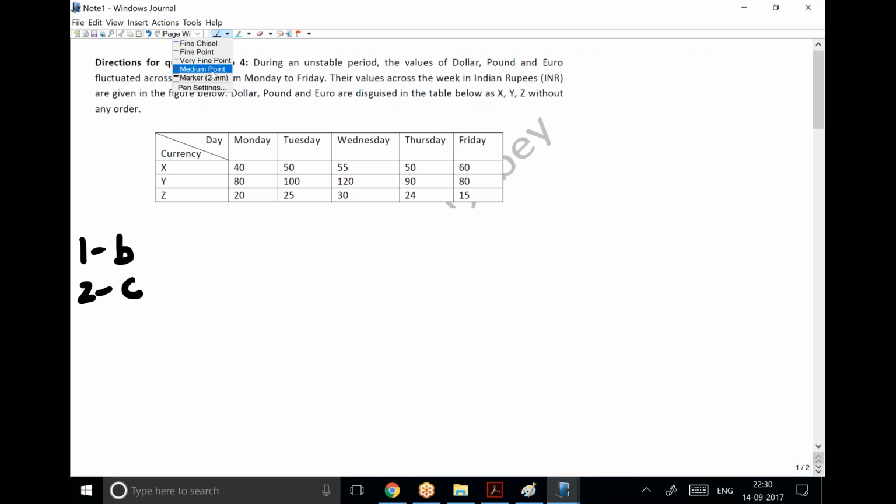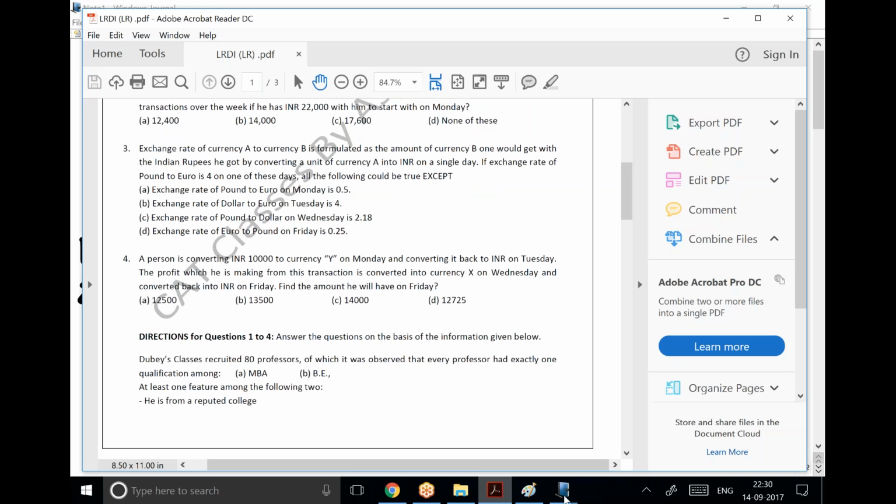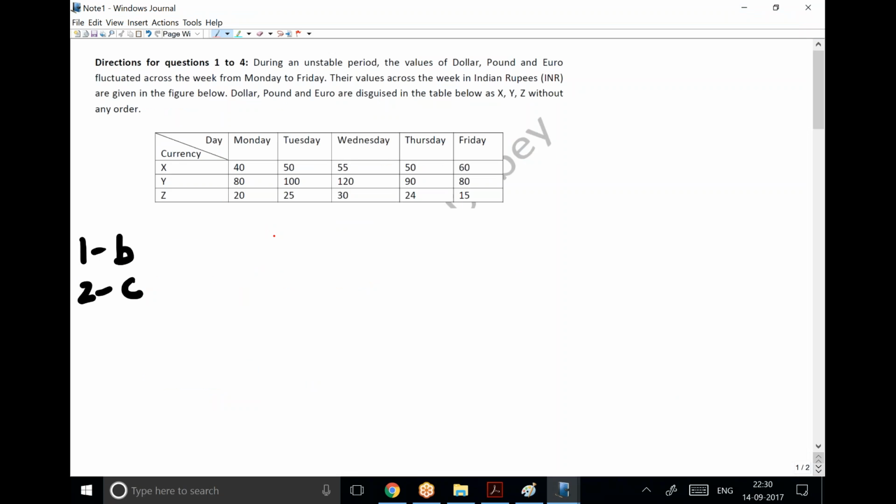First, he's investing 10,000 into Y on Monday. This is fixed, it is given to us.